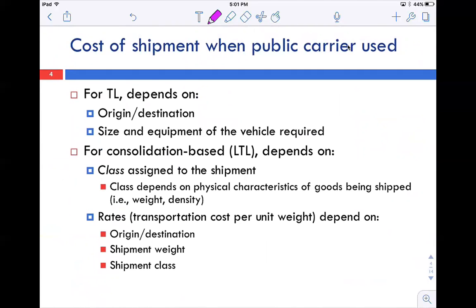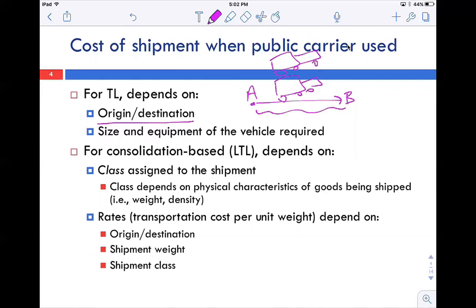The price really depends on the origin and the destination. So if you are sending your goods from A to B, what is the total distance from A to B? Because you're going to send a full truckload from A to B, or it might be just two trucks, right? One truck may not be enough, but the unit here is a full truckload.